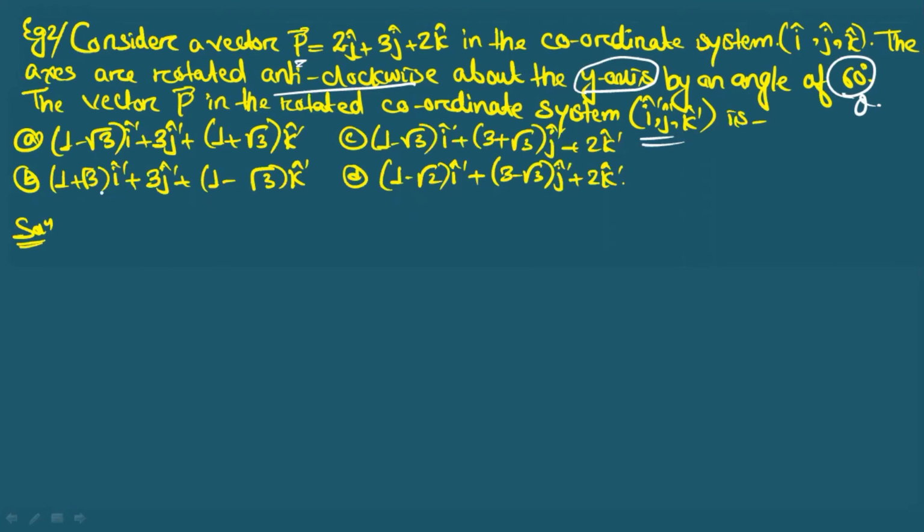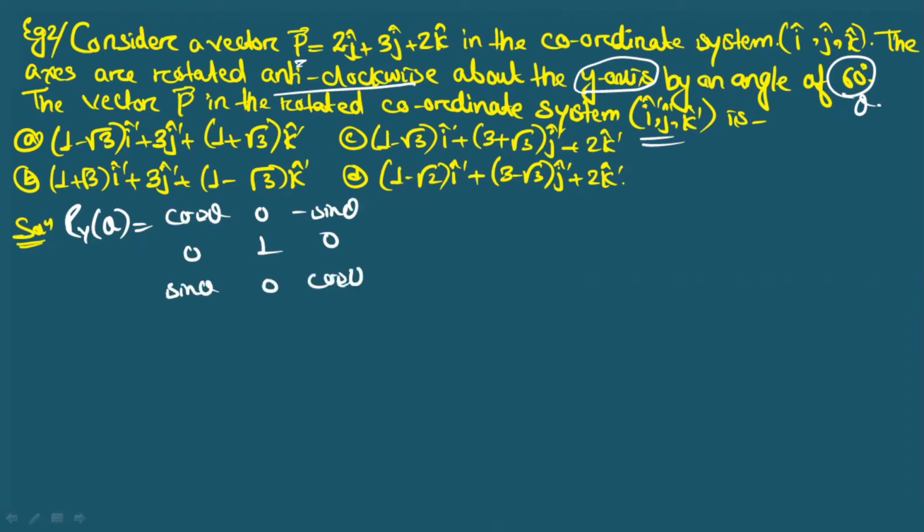So that's simple. You will first write the matrix for the rotation about the Y axis. So this was cos theta, 0, minus sin theta, right? 0, 1, 0. Sin theta, 0, cos theta, right? And theta is 60 degrees.